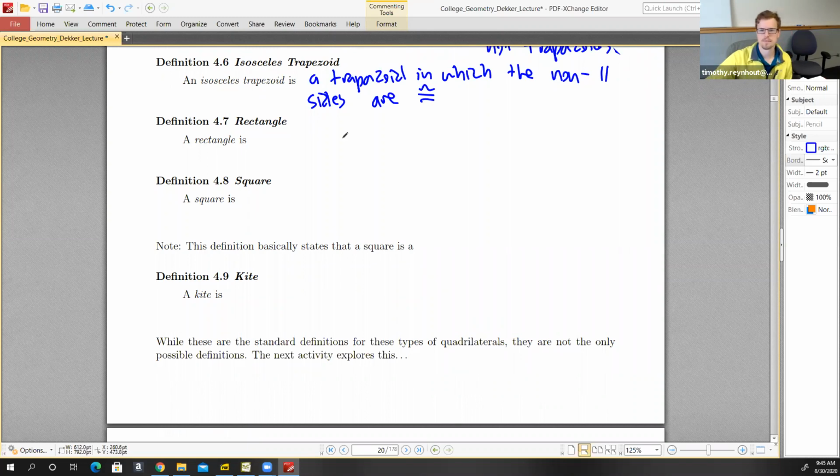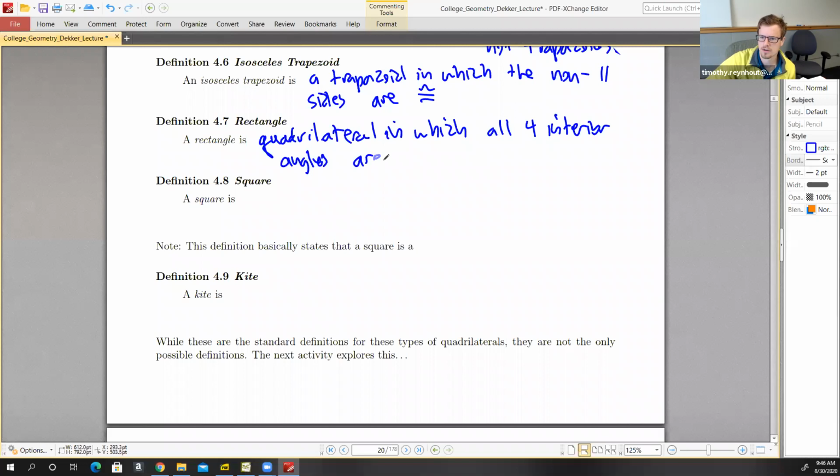A rectangle is a quadrilateral in which all four interior angles are right angles. Excellent.